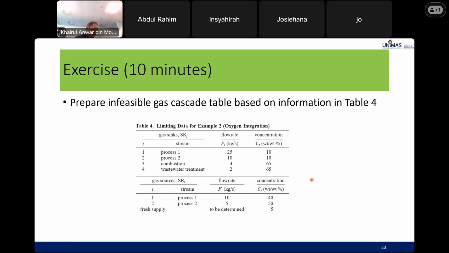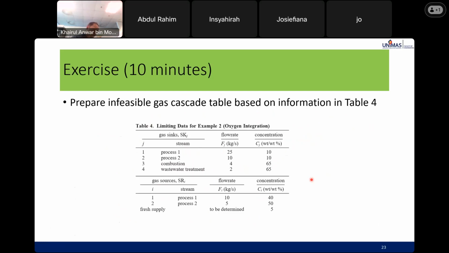with FC equal to 0. Then you do the cascade. You do delta M. Delta M is actually FC times delta C. And do the cumulative delta M. Calculate the interval fresh gas flow rate.